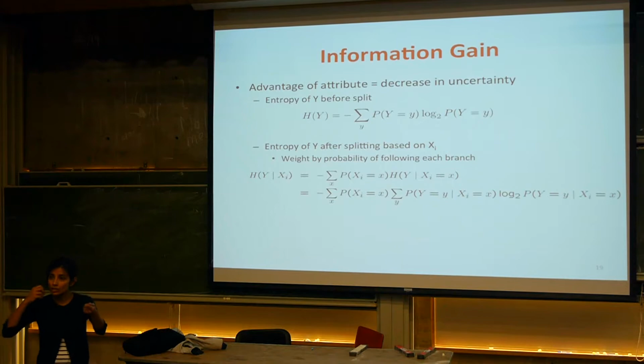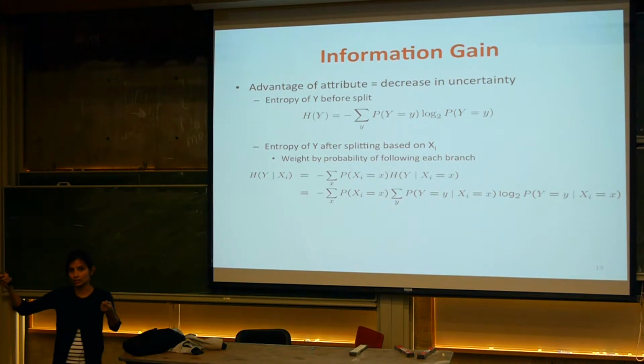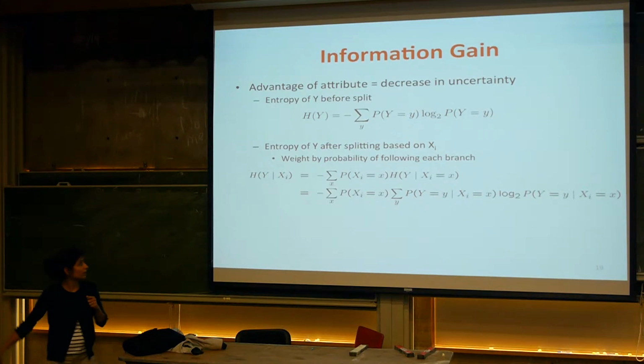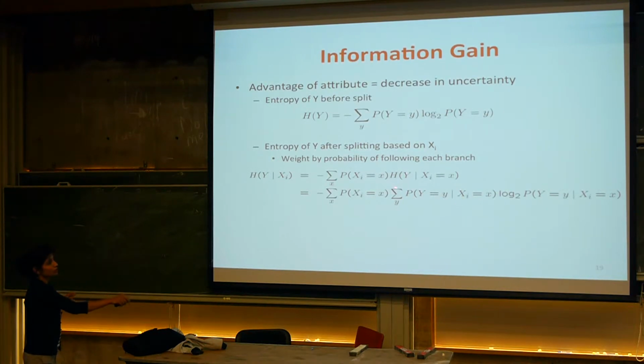But this is conditioning on one specific value that a feature can take. For example, when it's true, what is the conditional entropy, right? But to get the overall conditional entropy, you have to take the one that's conditioning on particular values and multiply it with the probability that the feature takes that value. Okay? So it's like the expectation over this. All right, so that's why I wanted to put up this expression.